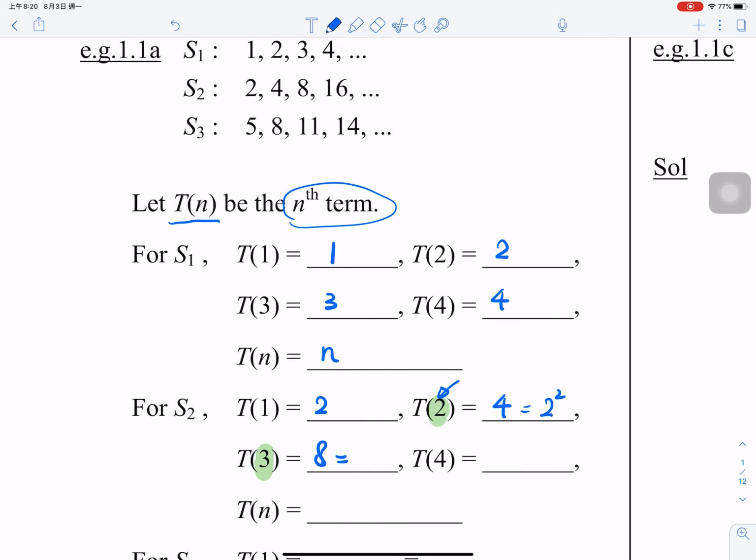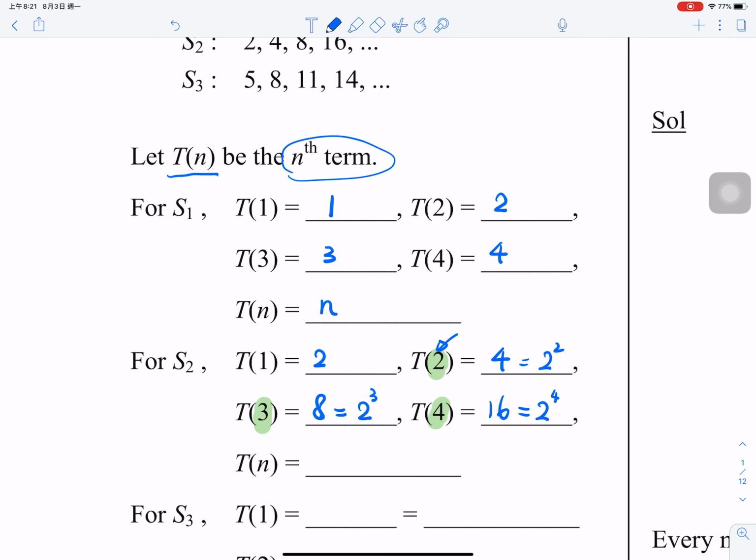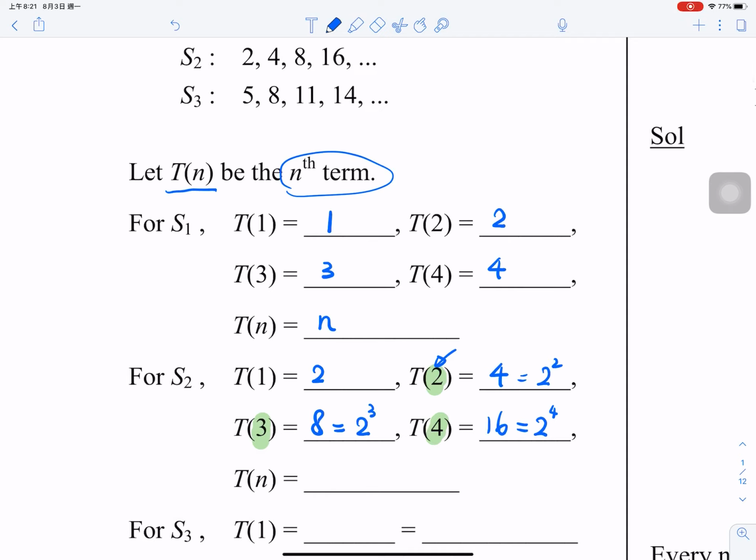We can write it as 2 cubed, correct. How about the fourth term, 16? How to link up with 4? Yeah, this one 2 to the power 4 equals 16. As a result, can you tell me Tn equals? Yeah, this one equals 2 to the power n. Right?